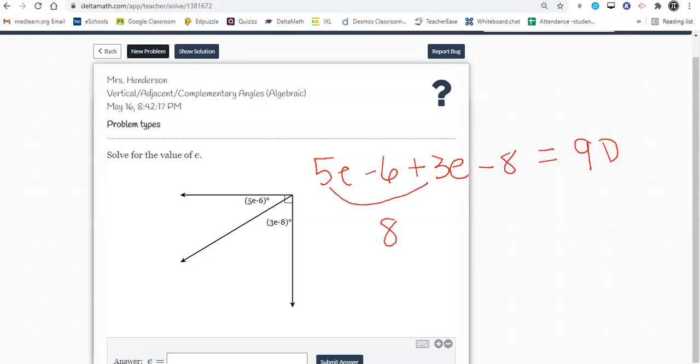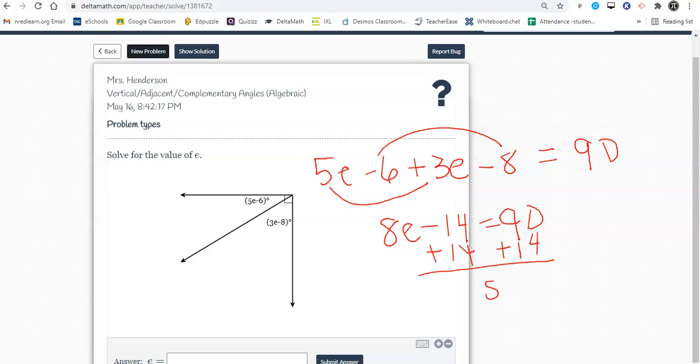Combine like terms, and use your properties of equality to isolate your variable. 8e is equal to 104. 104 divided by 8 is 13. So my final, ooh, that looks crazy. e equals 13.